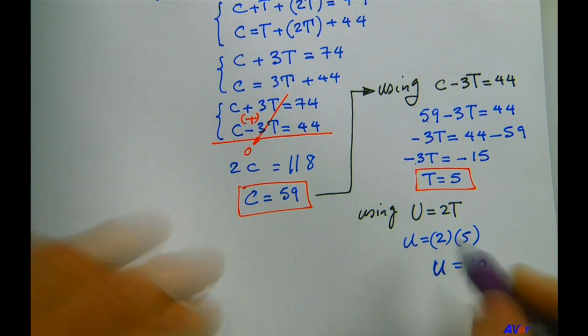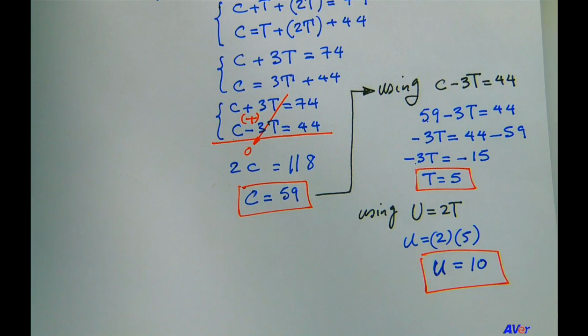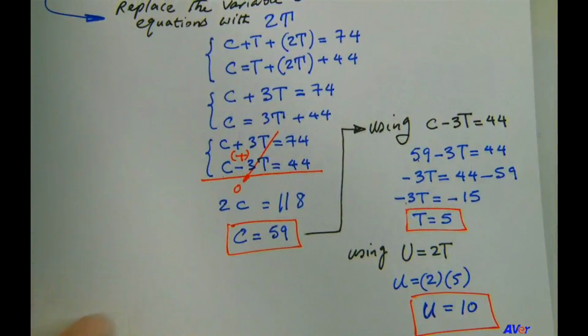So the United States in the same year produced 10 billion tons of apples. Okay? So there we have it. The apple production for those 3 countries in a given year.